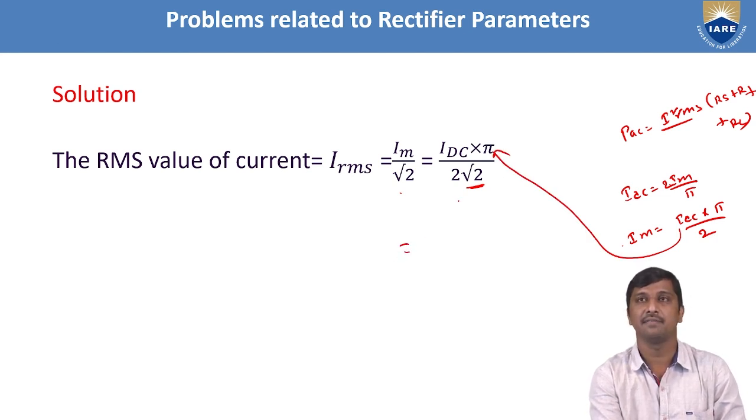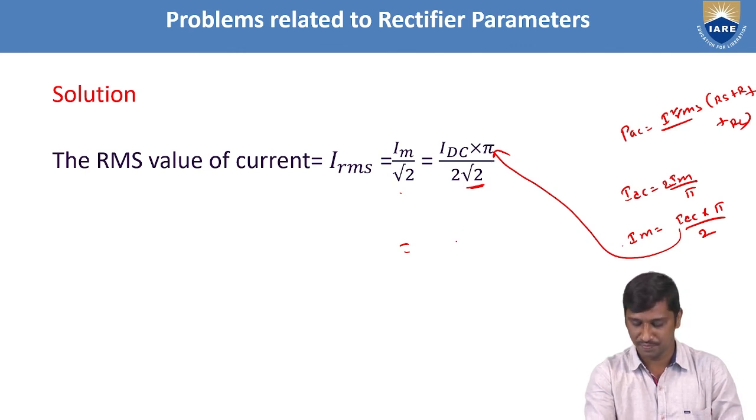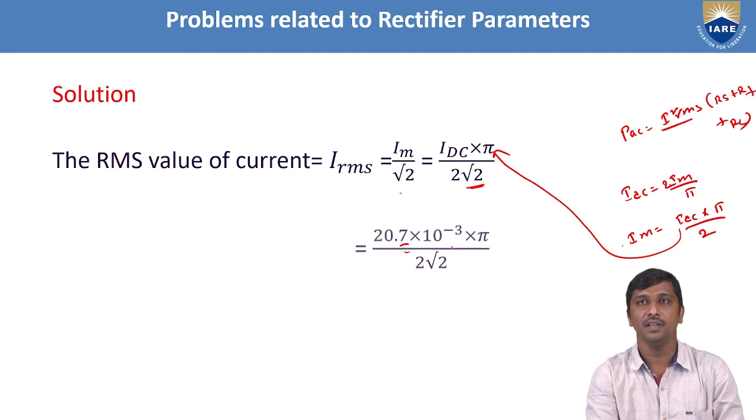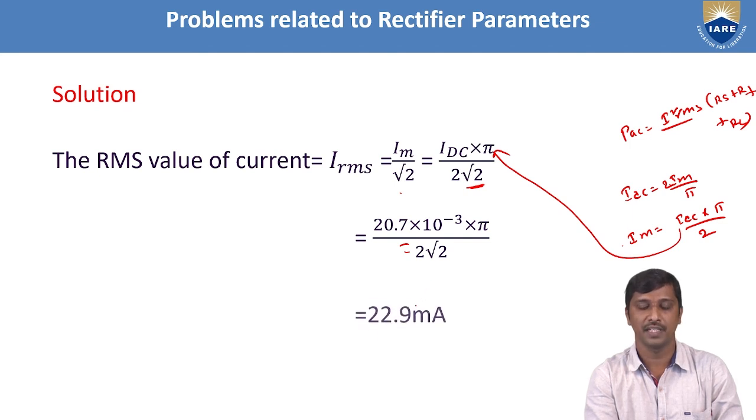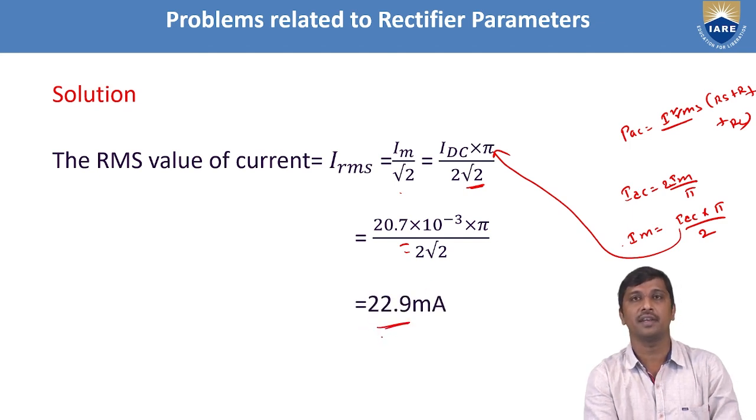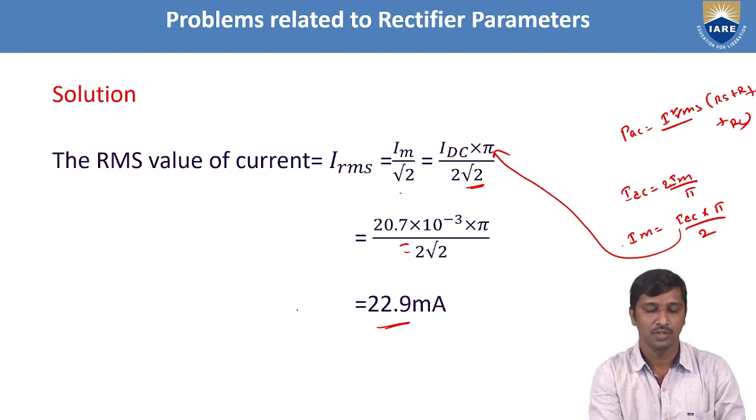We know that the DC current is 20.7 milliamperes. So IDC is 20.7 into 10 to the power of minus 3, into pi, divided by 2 root 2. By solving this ratio, it gives 22.9 milliamperes. So this is IRMS here.